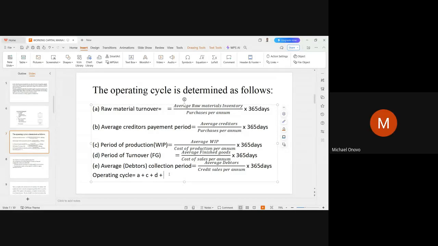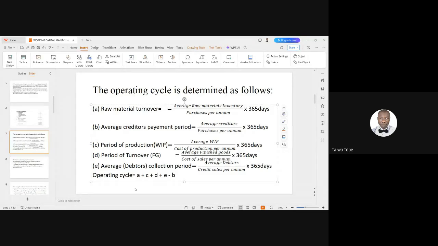Current assets. Then minus our B, which is the item of current liability. When you do this in terms of days, you get your operating cycle, or working capital cycle.